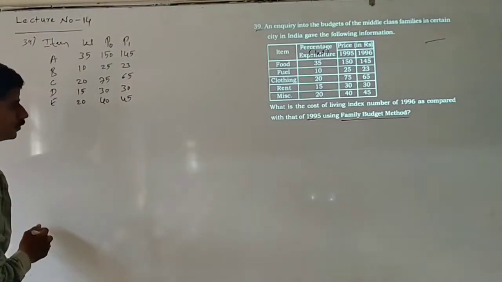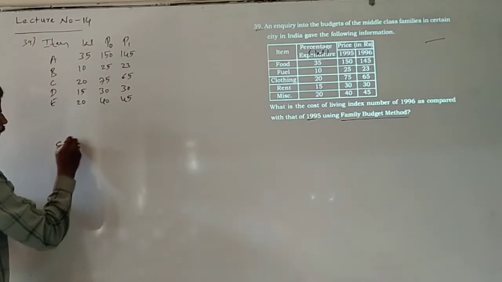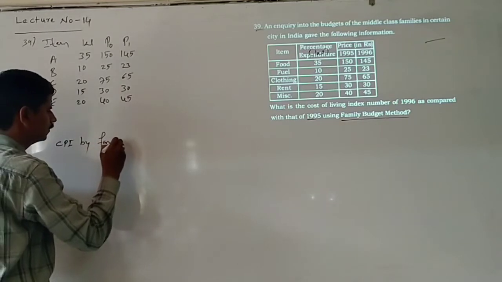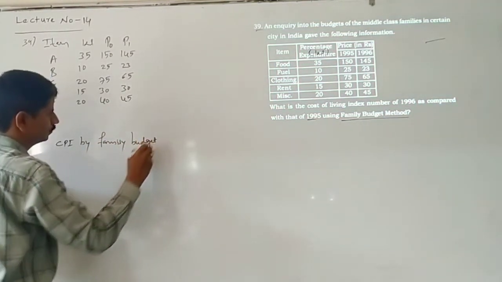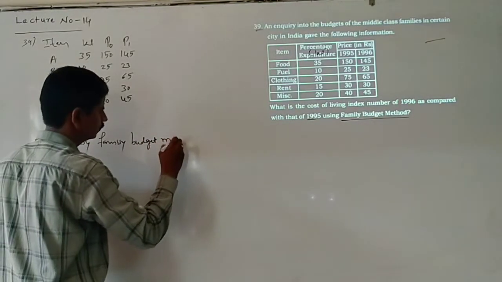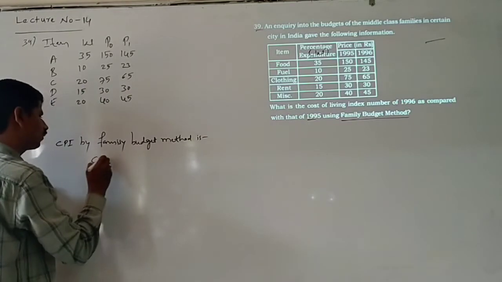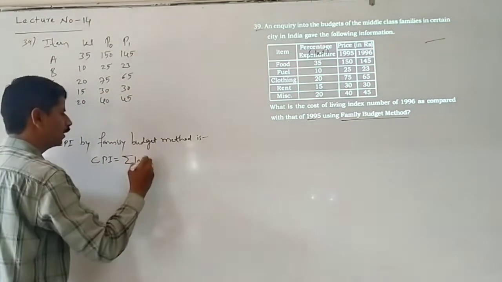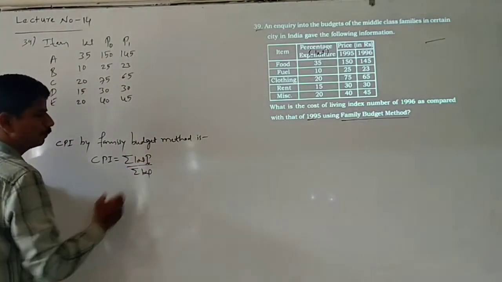Here CPI by family budget method is CPI equal to sum of WP by sum of W. Here P is a price relative.